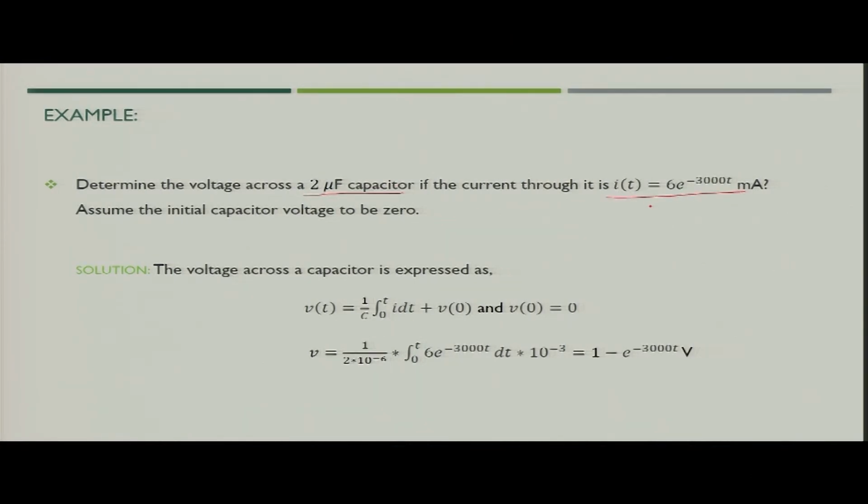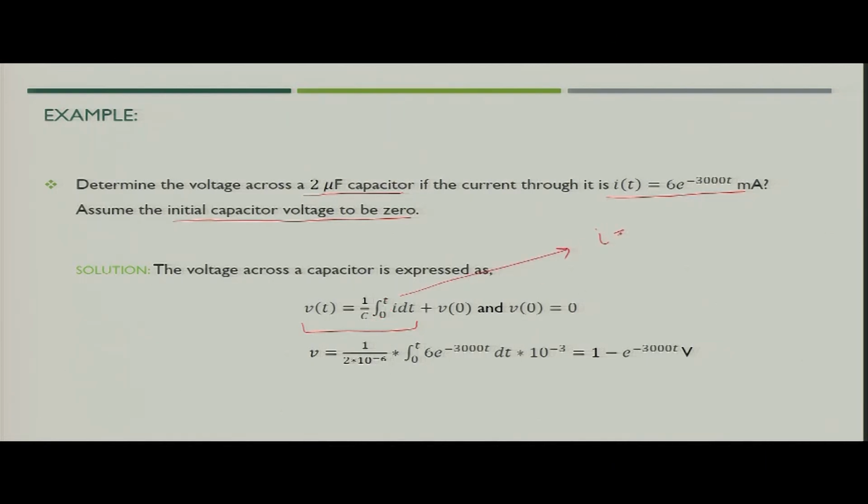Now, if you are asked to determine the voltage across a 2 microfarad capacitor, if the current through it is 6 e to the power minus 3000t milliampere, assume the initial capacitor voltage to be 0. You have to use v(t) is nothing but 1 upon C integral 0 to t of i dt. How did we get this?